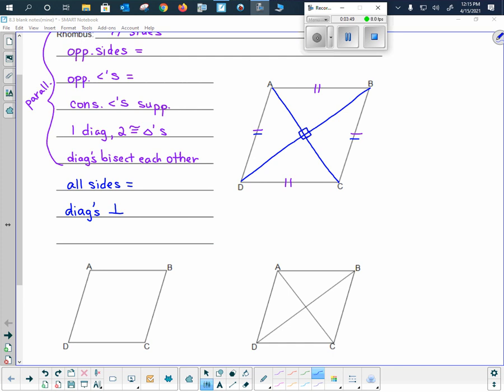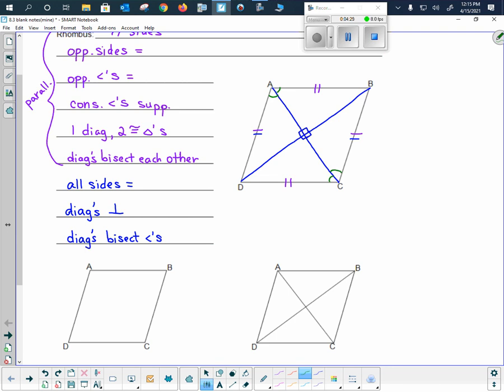All right, and the last thing is also about diagonals. Now you need to know that the diagonals bisect angles. What we mean by that, I'll put these in here, I'm probably going to erase them just so you know. This diagonal going from A to C is bisecting this angle, so this part would equal this part, and likewise this part would equal that part.